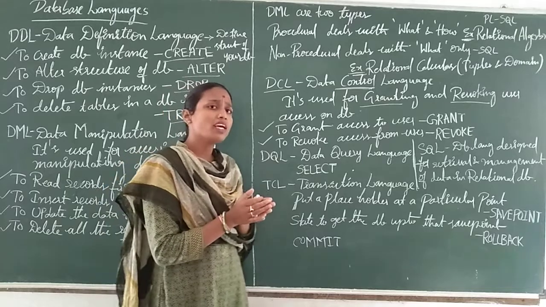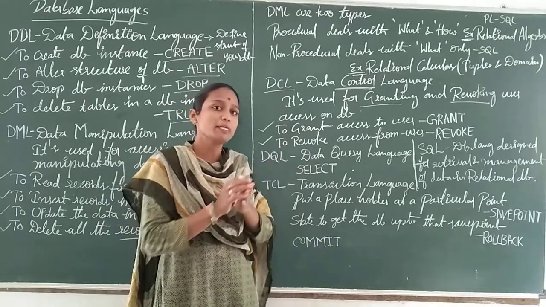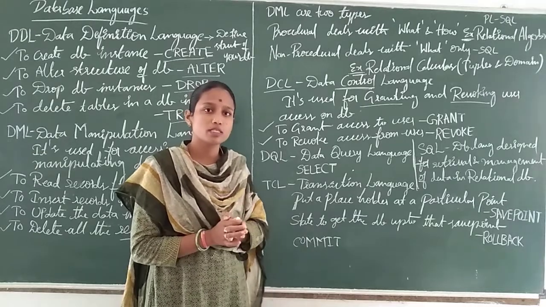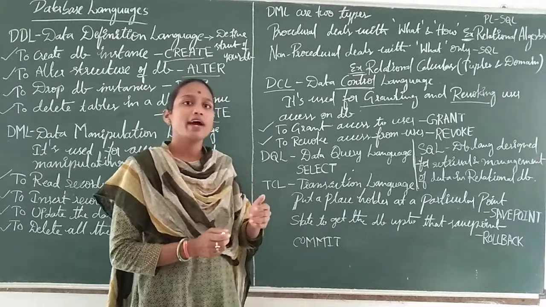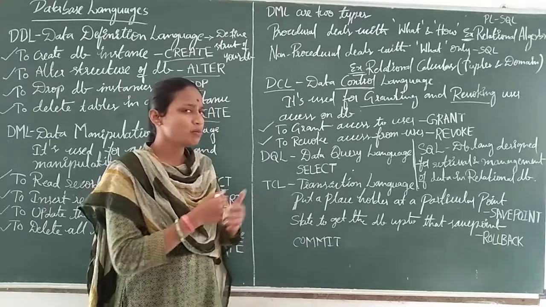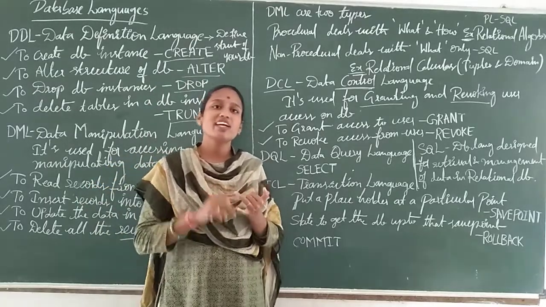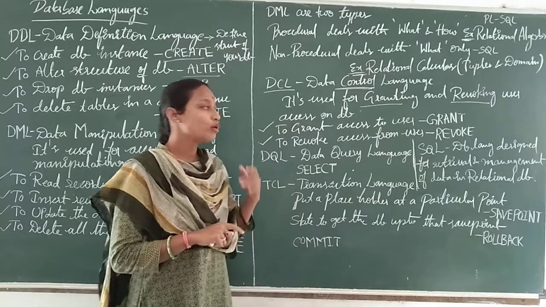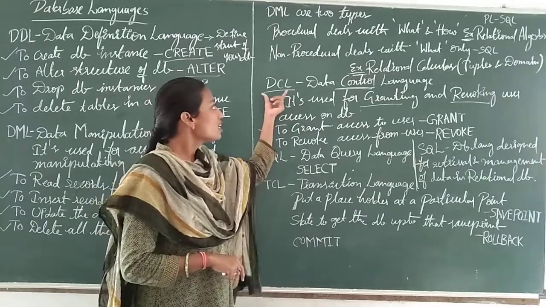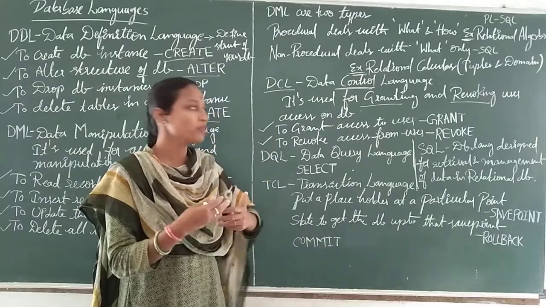The DBA has the authority and privileges to access, retrieve and manipulate the data in the database system, and has a user ID and password to log in. DCL gives permission to access data.